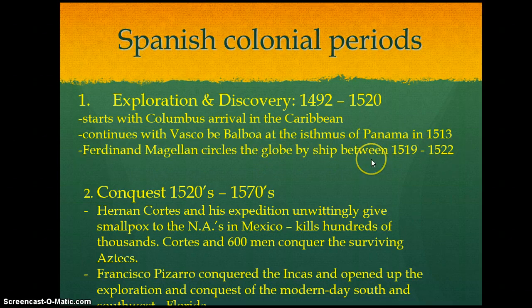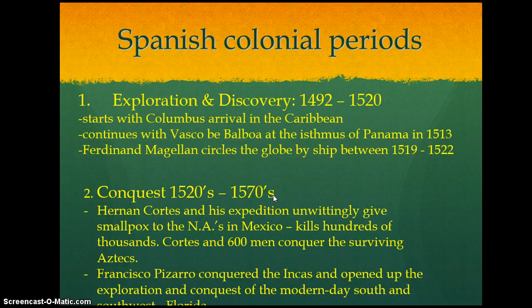So, though the Portuguese had done a lot of exploration earlier on of areas outside of Europe, it was really the Spanish that brought it to scale during this period of time between 1492 and the 1520s. If you count Magellan, that really ends in 1522. After this period of time, you've got the period of conquest.